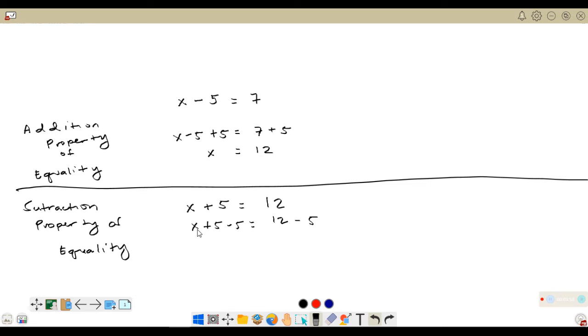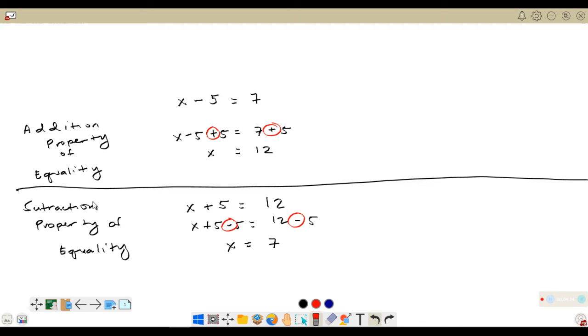So, parehas pa rin sila ng value because 5 minus 5 is equal to 0. x will then be equal to 7. Ano lang yung nagiging indicator nung property na ginagamit natin? Ang indicator lang ay yung operation na ginamit nyo for adding or subtracting a certain number from both sides of the equation.